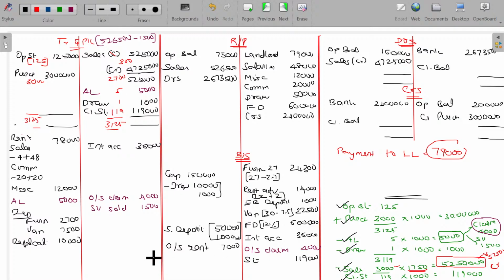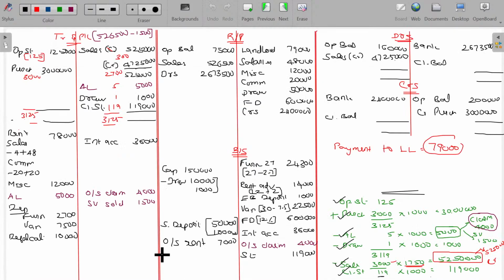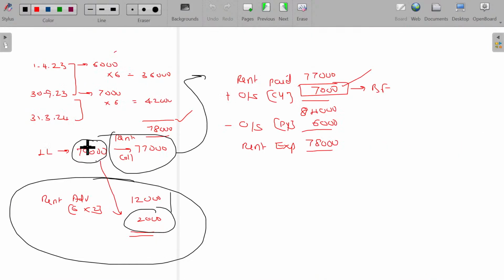Okay, so I posted everything. Overall collection 79,000 is broken this way: 2,000 for the rental advance, 77,000 for the rent payment. For the rent 77,000, with outstanding of the previous year, rental expenses being 78,000 rupees. Based on this information, we found out the outstanding for the current year, which is 7,000. Current year outstanding will go to the liability side, so I have posted that.